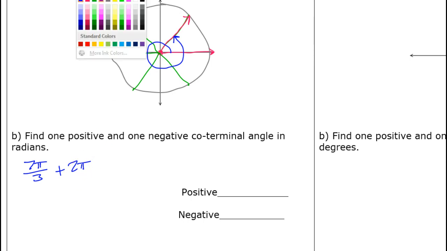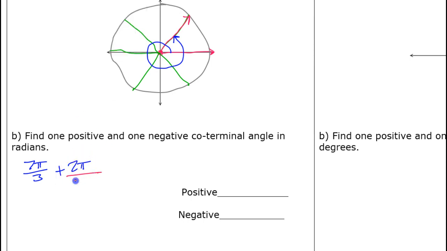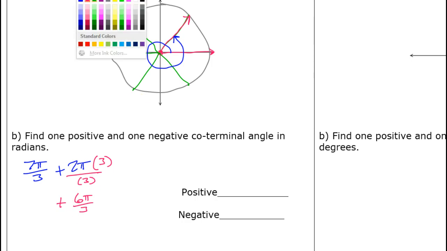Well, a little simple math. To get like denominators, I would have to multiply by 3 over 3. That's going to give me 6 pi over 3, which is the same thing as 2 pi.